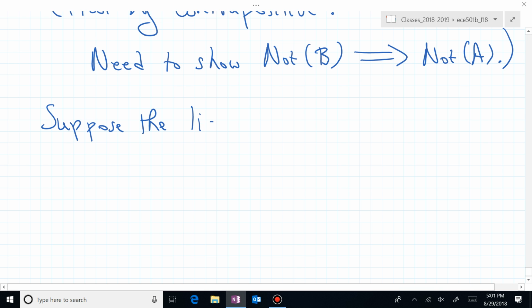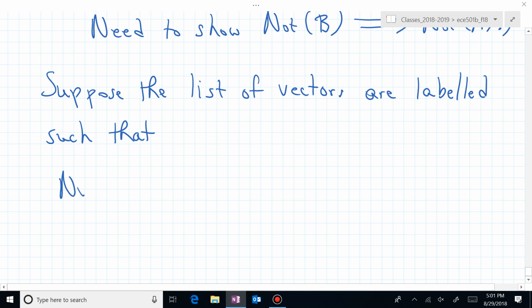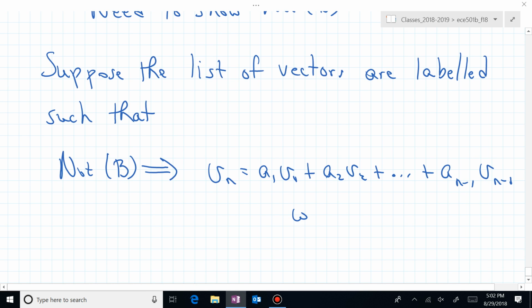Suppose the list of vectors are labeled such that not B is really V sub n is equal to A1 V1 plus A sub 2 V sub 2 plus A sub n minus 1 V sub n minus 1, with at least one of those coefficients not equaling 0.